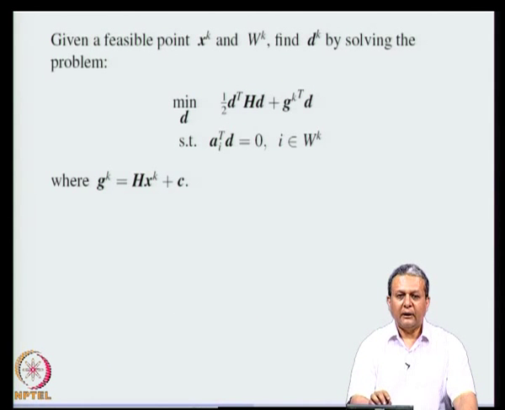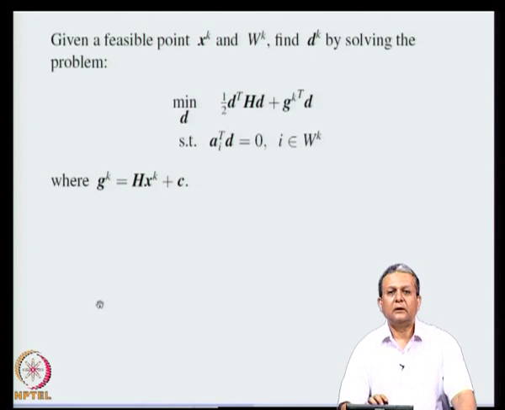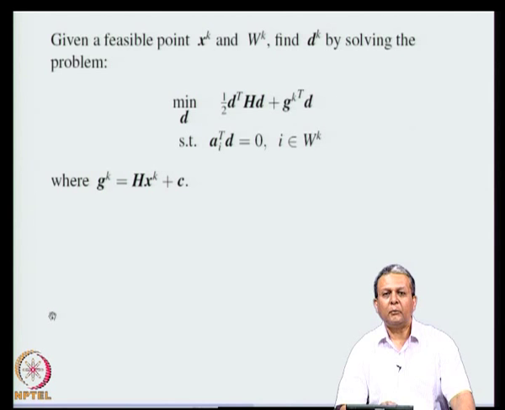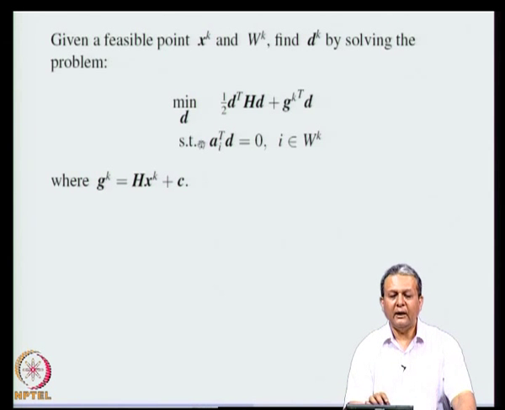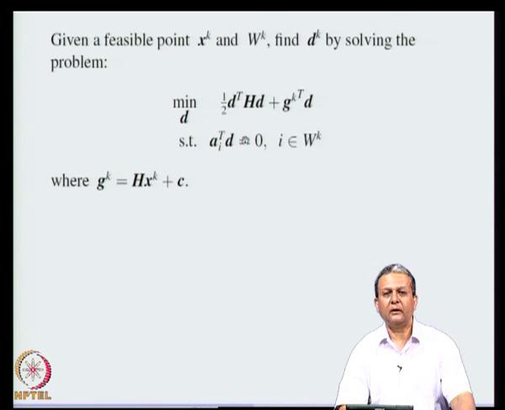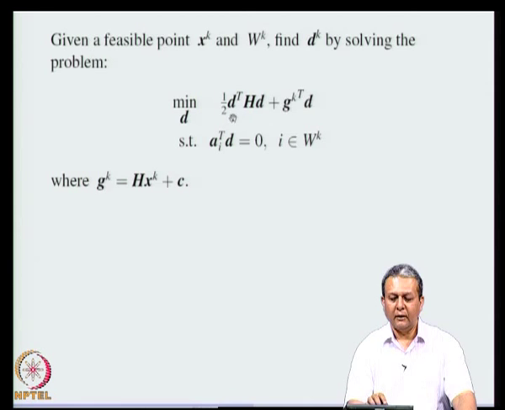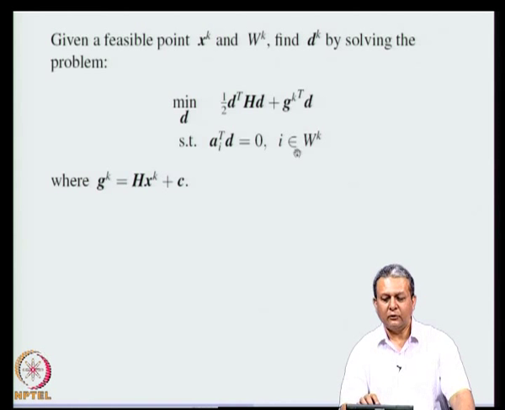As I mentioned, given a feasible point xk and Wk, the associated program that we would like to solve with respect to the working set W is to find dk by solving this problem, where half of d transpose H d plus gk transpose d is minimized such that ai transpose d equal to 0, where i belongs to the working set.